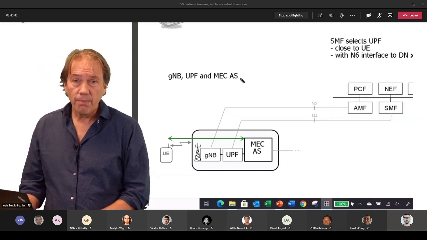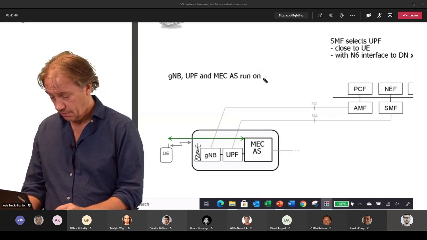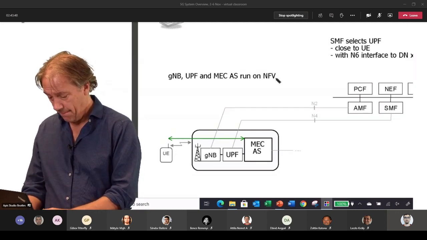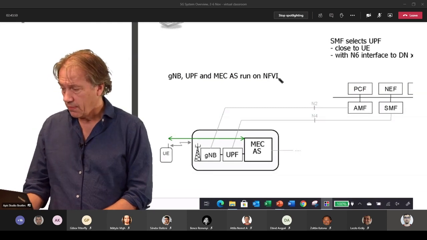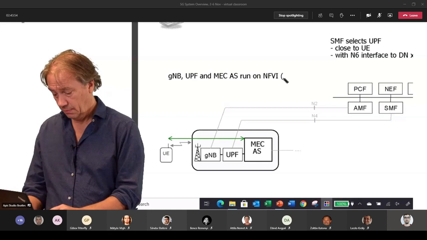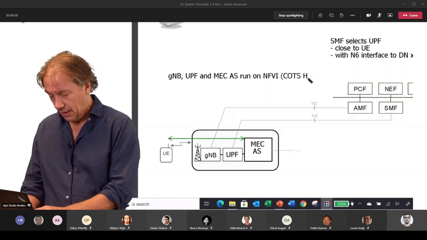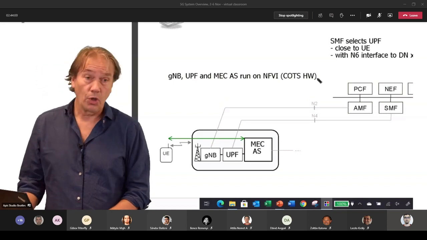The gNodeB, UPF and MEC application server run on NFVI or COTS hardware, if you like.